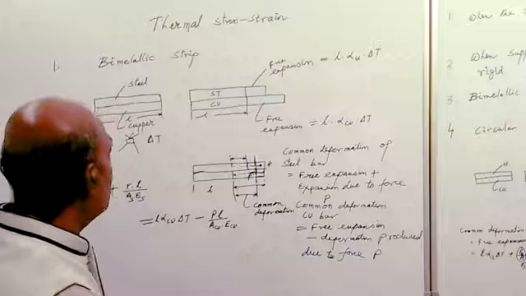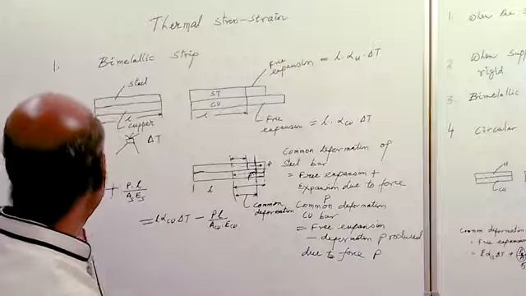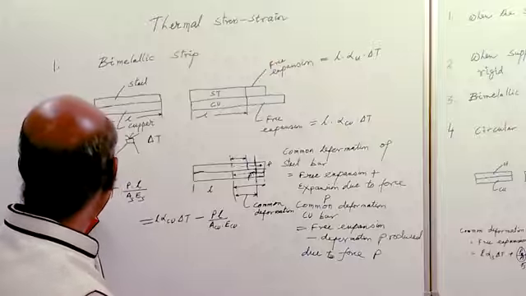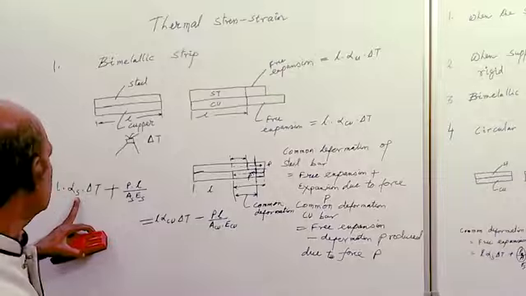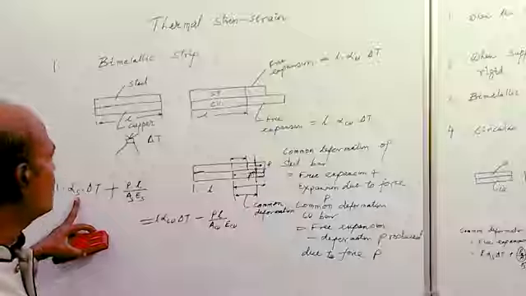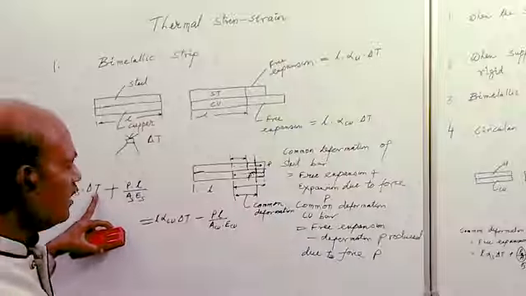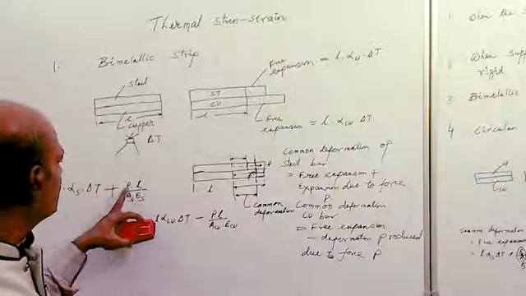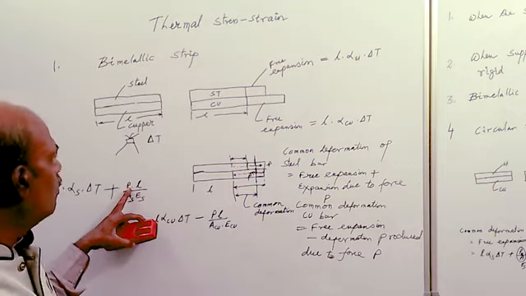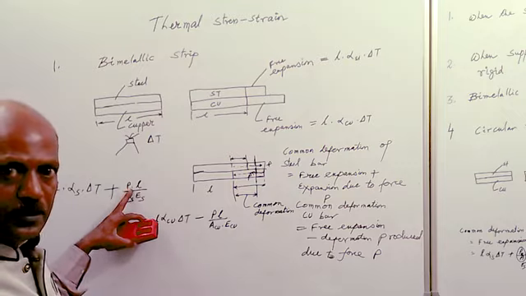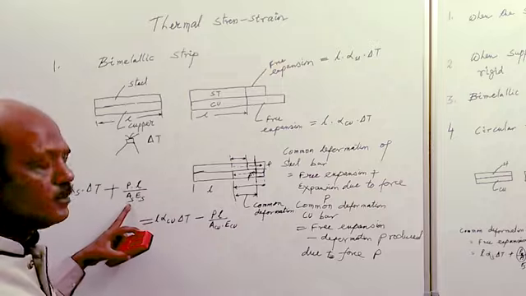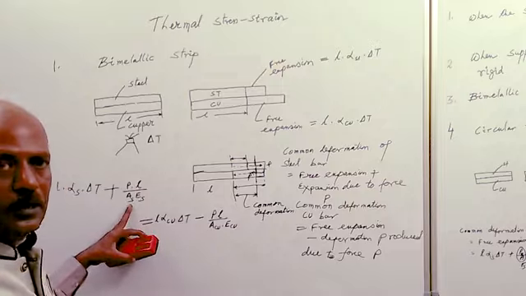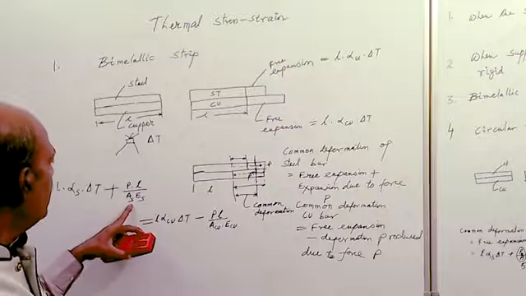So this is all about your bimetallic strip, where L is the original length, alpha S is the thermal expansion coefficient of the steel bar, delta T is the temperature difference created, P is the load developed in both the bars, that will be equal, L is the original length of both the bars, and A S.